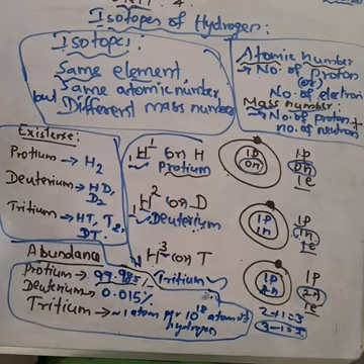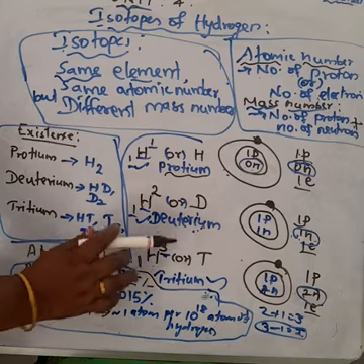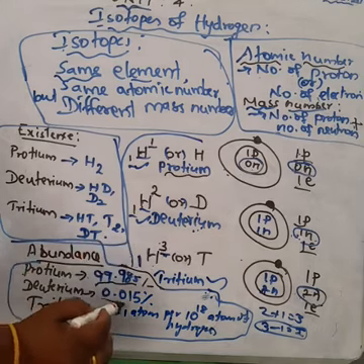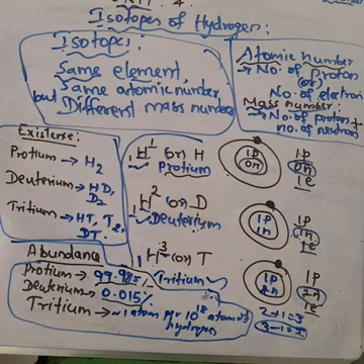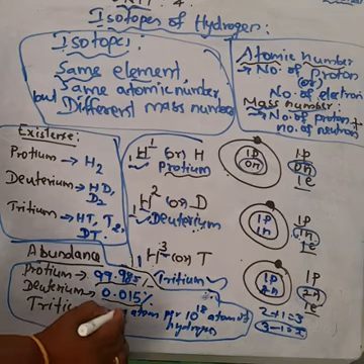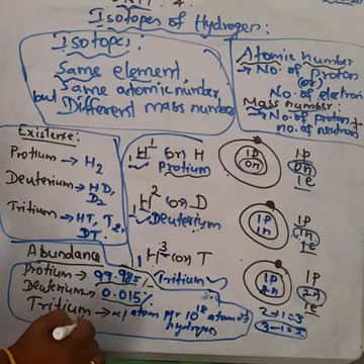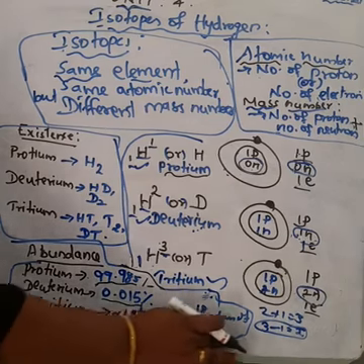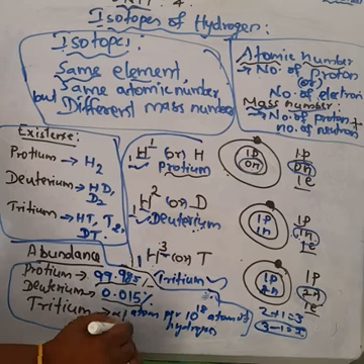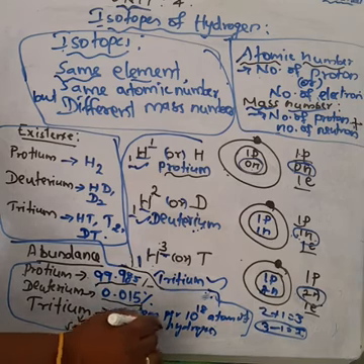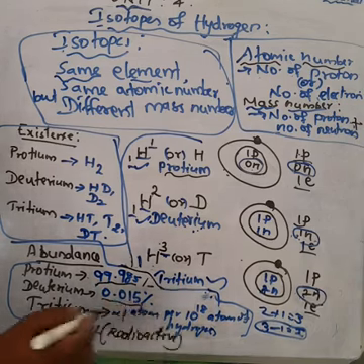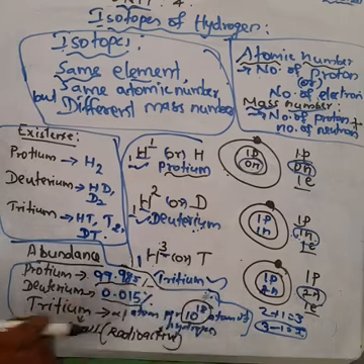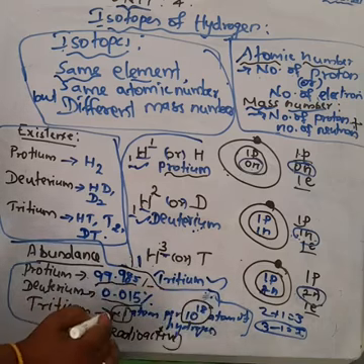In the case of deuterium, only 0.015%. But tritium, a radioactive isotope, is present in a very small amount: for every 10 power 18 atoms of hydrogen, 1 atom of tritium.